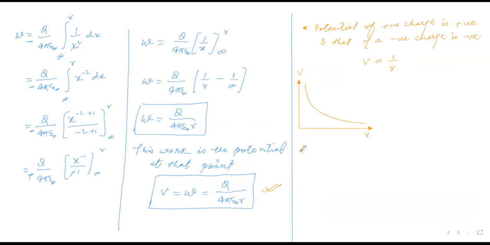This is for positive charge, I mean, when your charge is positive, or you can say when your potential is positive. When your charge is positive, then potential is also positive.